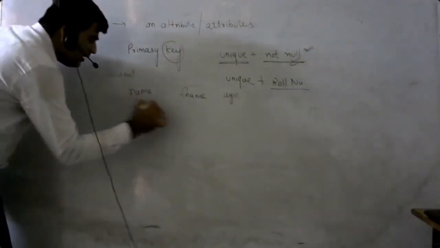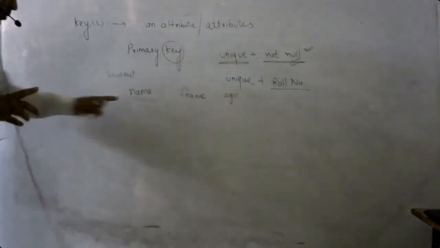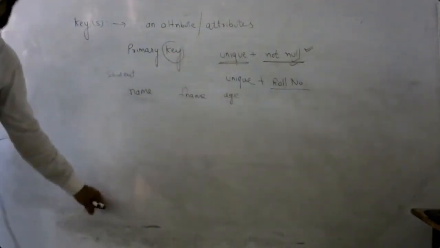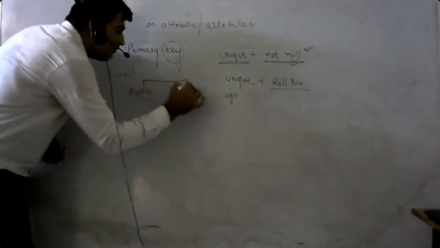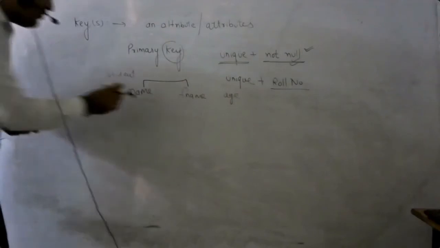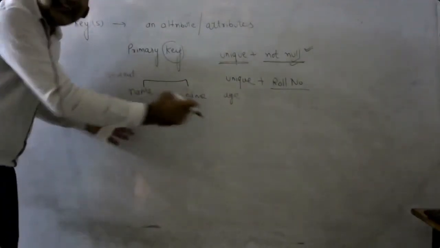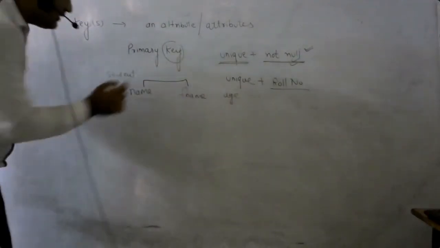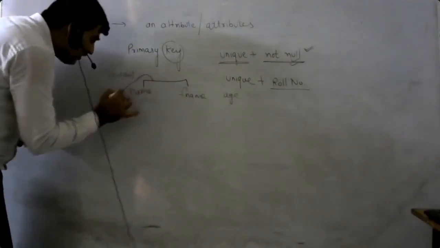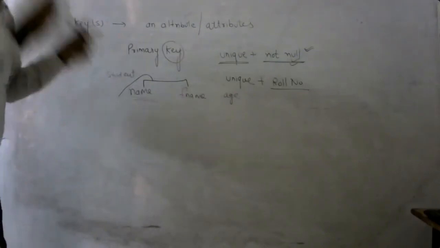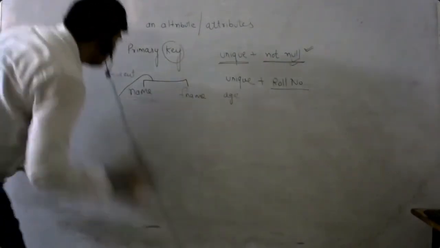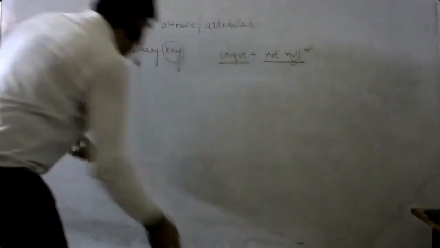Here the name attribute alone is not able to identify unique records, unique rows, or unique tuples. Then we will use the combination of name and father name. If name and father name together uniquely identify the records, then more than one attribute is used to identify the tuples. Then what is the definition of primary key?